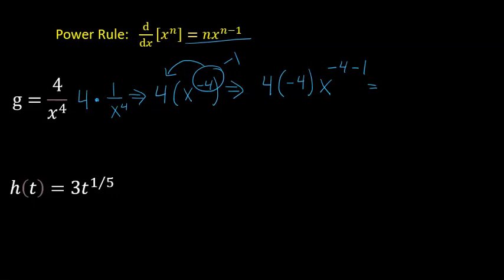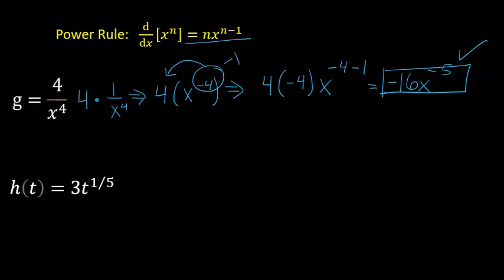That is what the power rule setup looks like. Now I'm just going to solve the problem. I'm just doing basic arithmetic. 4 times negative 4 is negative 16. x, negative 4 minus 1 is negative 5. Oops, this is the answer.